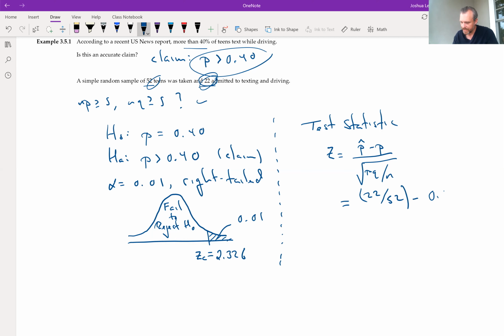And then minus p, which was from my claim, right? 0.40. And then divided by the square root of 0.40 times 0.60 all over n. So let's do this. Let's see what we get.